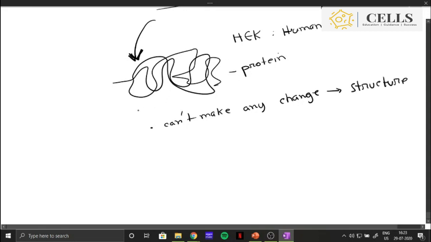You cannot add any amino acid in the structure of the protein, otherwise it will completely lose its biological function.